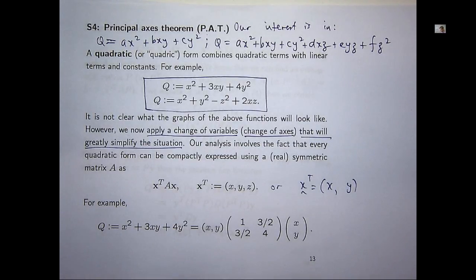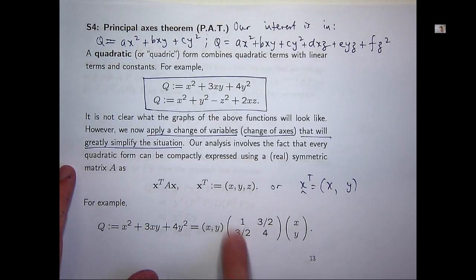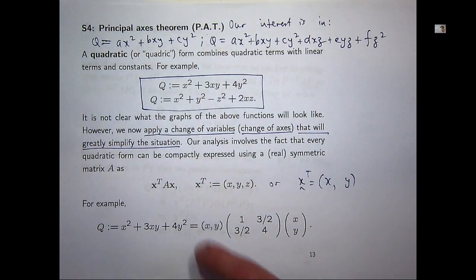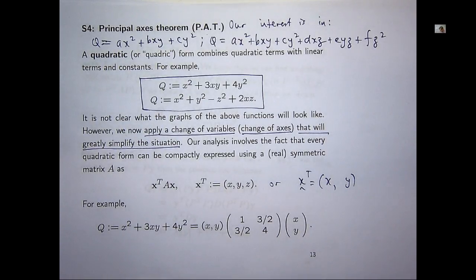Let me give you a bit of a flavour for the ideas first. Suppose I could diagonalise this matrix here, so I've only got things going down the diagonal and zeros everywhere else. And I had a new set of variables, not x and y, something else. This multiplication would give you something squared plus something else squared, with some coefficients involved. That's a lot simpler than something like this.